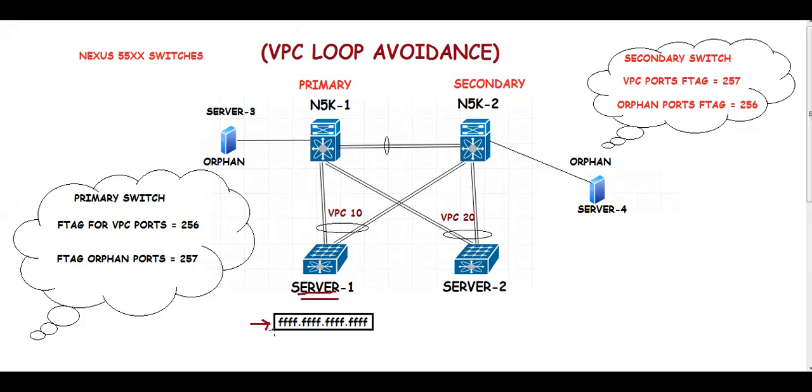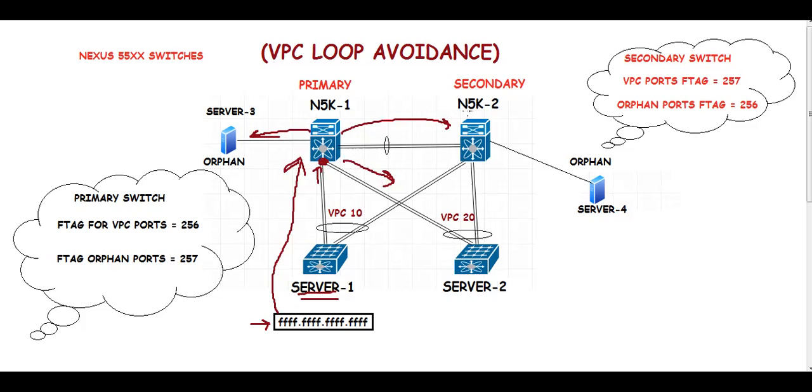This is a layer 2 broadcast with all F values in all the 4 octets. Let's say server 1 sends this packet to N5K1. Because this is a broadcast packet and it received it on this particular interface, N5K1 is going to send it to server 3, to N5K2 over the peer link, and to this particular port.